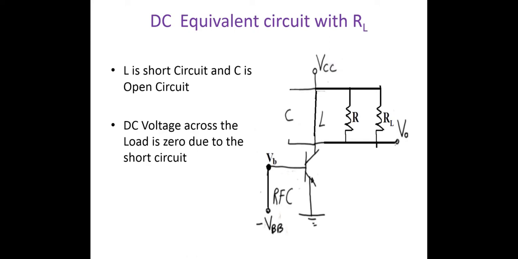So when you have a real LC circuit, it will be modeled by an RLC circuit. In addition to that, when a load is attached between VCC and V0, this resistance can also be incorporated into R.